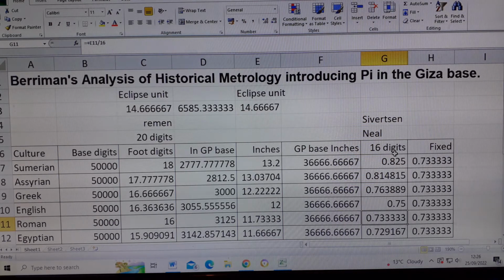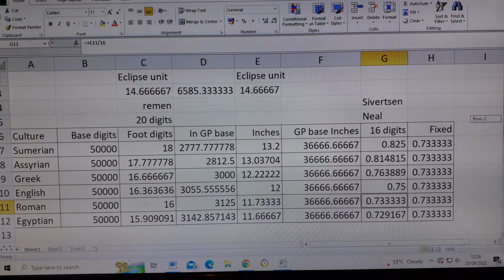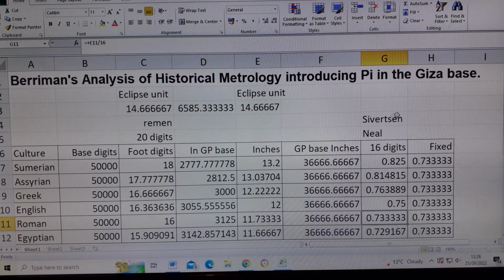So there's nothing wrong with this column, and there's nothing wrong with using this digit against this column. It works both ways. We get the same result. Now, this is crucially important in understanding historical metrology as laid out by Berriman, because both Sivertson and Neal are continually telling me that there are always 16 digits in a foot.